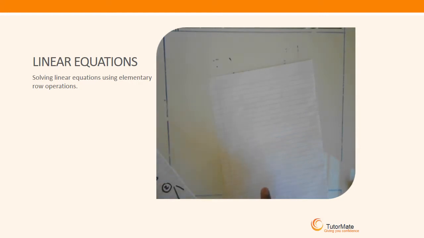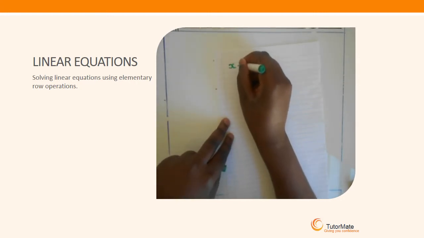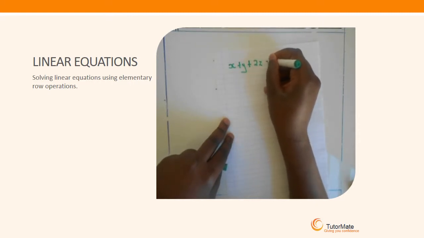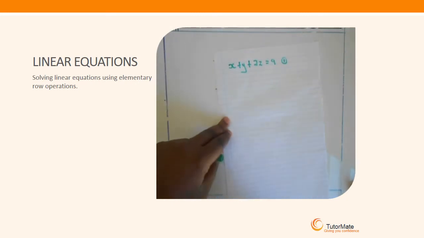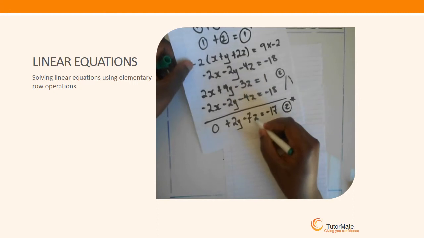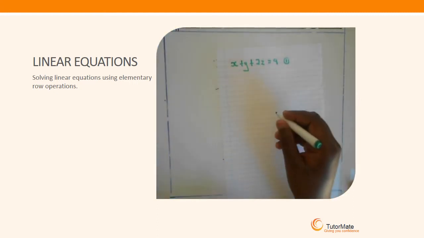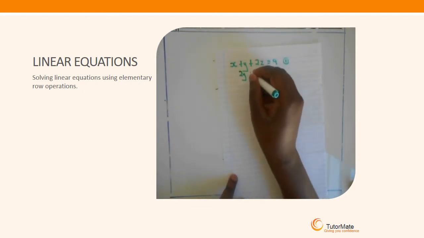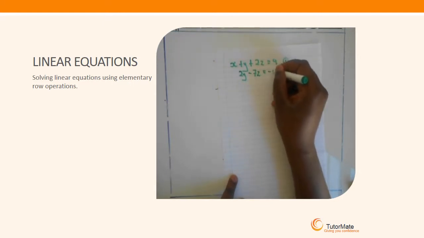Your first equation was x plus y plus 2z equals 9. That's our first equation. Our new equation, the one we have worked out, is 2y minus 7z equals minus 17.